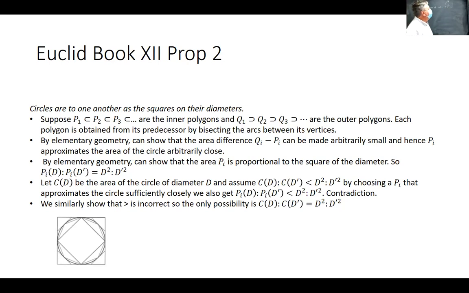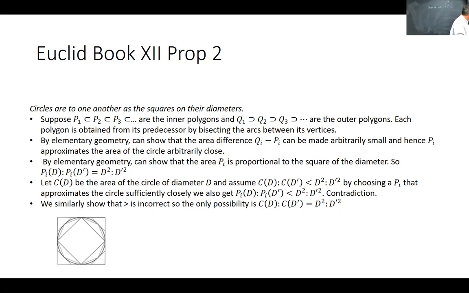And so the way that you do that is you take your circle and you get a sequence of inner polygons and outer polygons, right? So these are contained within the circle, and these contain the circle, and you go from one to the next one by doubling the number of sides.